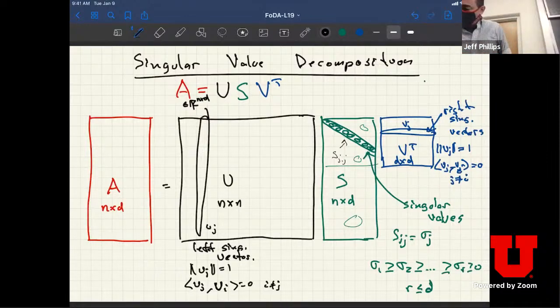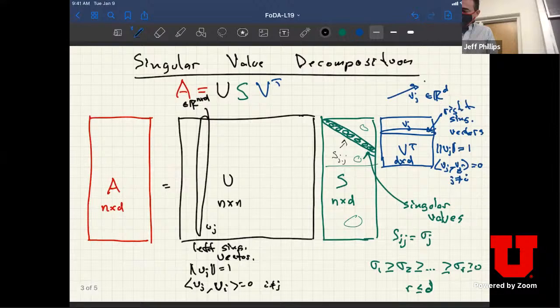I'll write one more fact that we'll want to use later, to understand the importance of the singular values. Each of the right singular vectors Vj is a direction in R^D. This is the same space as the data.